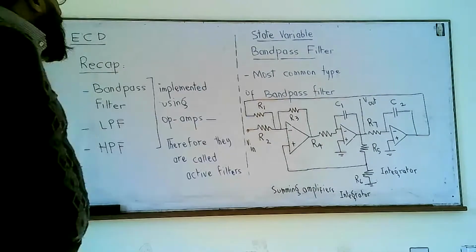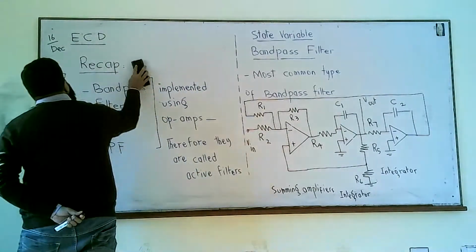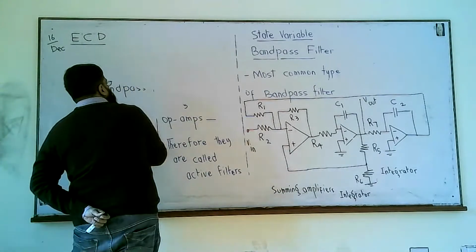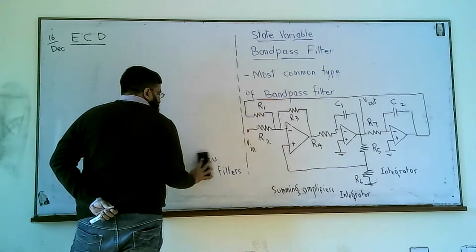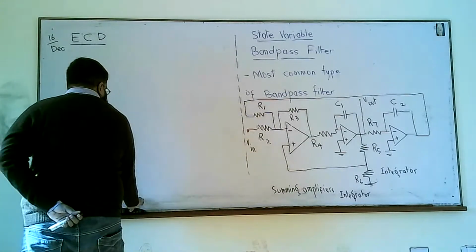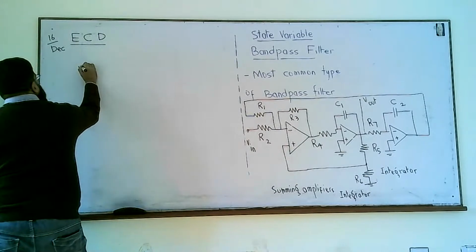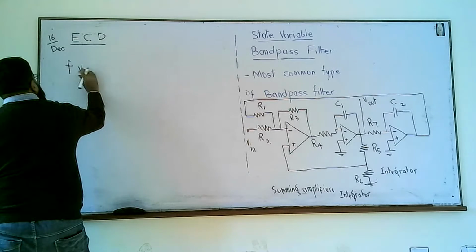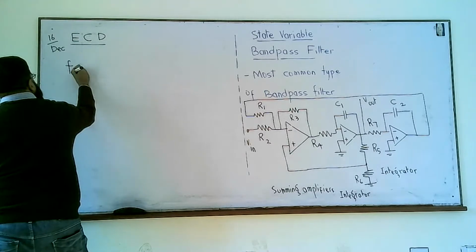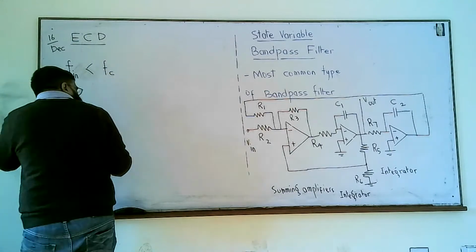Right. So before this, we must know how this circuit performs when we apply at the input V in a signal with frequency less than Fc. If the frequency Fin is less than the critical frequency, how should the response look?